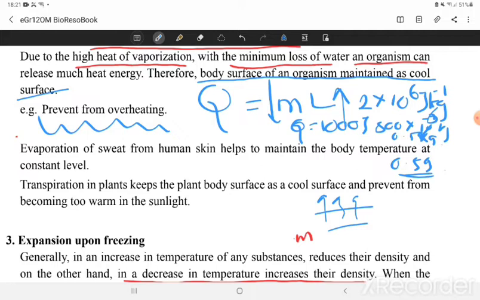Evaporation of sweat from the human skin helps to maintain the body temperature at a constant level. Now, there's something called homeostasis in your body.